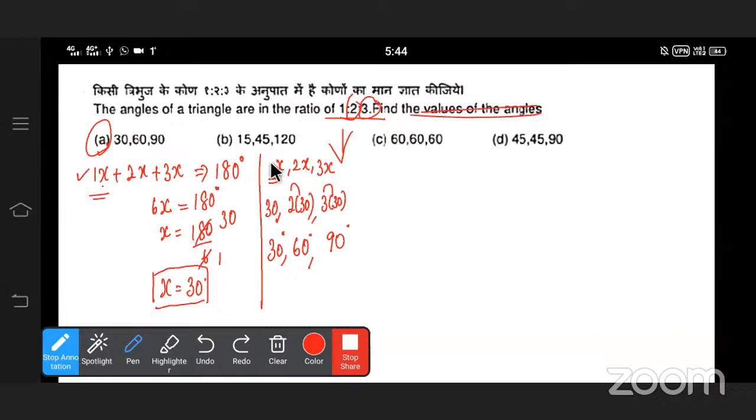Ma'am, adding 30, 60 and 90, we will get 180, ma'am. Yes, 30, 60, 90 is 180. So that 180 is divided in the 1:2:3 ratio. I found the answer as 30, 60, 90. Understand? Yes, ma'am. One minute, ma'am. Okay.